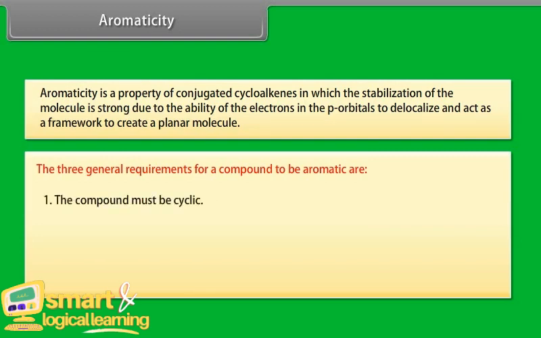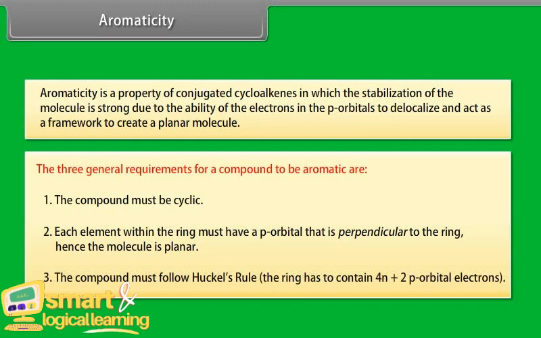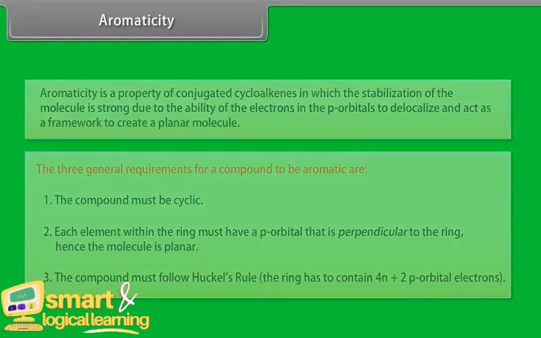The compound must be cyclic. 2. Each element within the ring must have a p orbital that is perpendicular to the ring, hence the molecule is planar. 3. The compound must follow Huckel's rule. The ring has to contain 4n + 2 p orbital electrons.